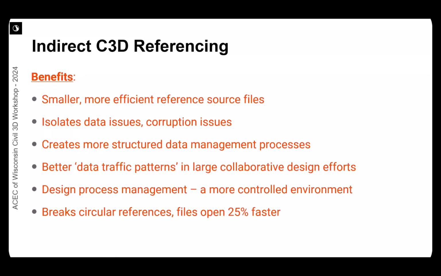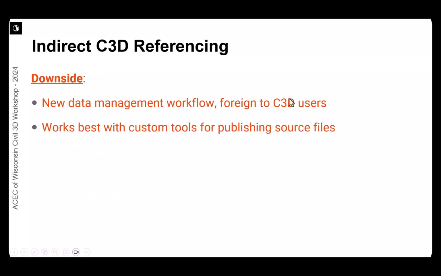And then we publish the new reference source file. It's a new way of managing the Civil 3D design data within a design process that's very friendly to design structure and organization from a team standpoint. So all of those things are things that we are enjoying about this new process that we've developed for managing our Civil 3D data.